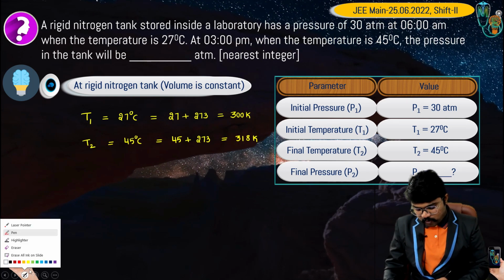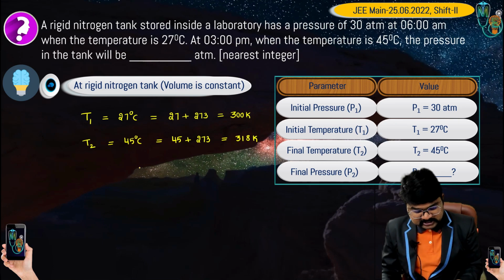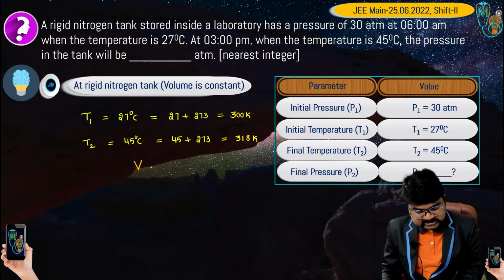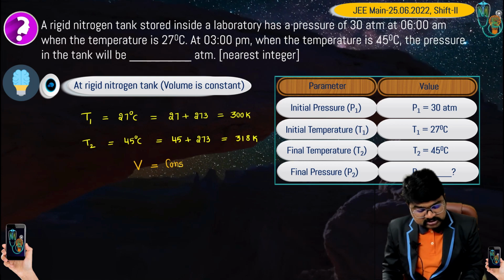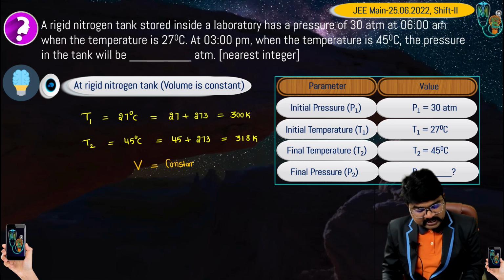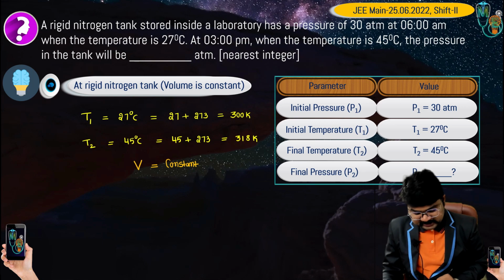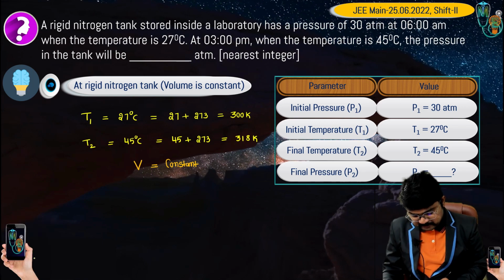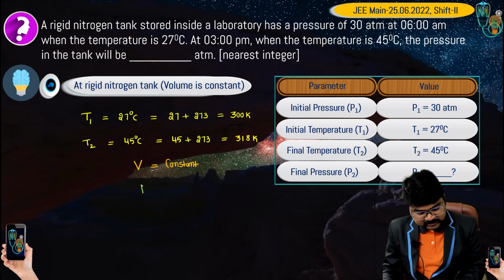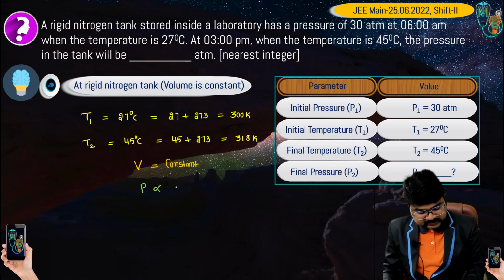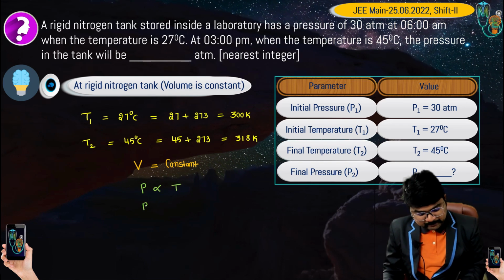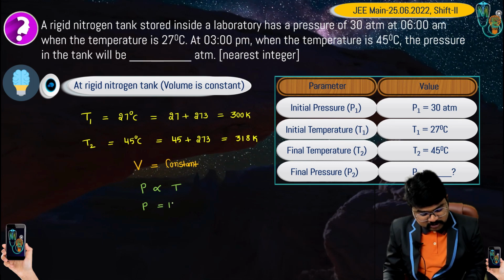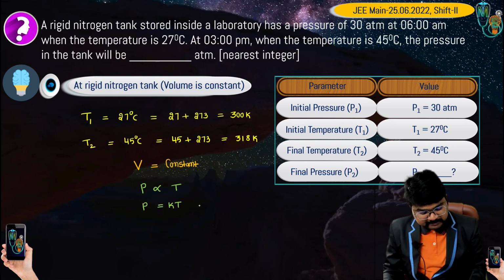So if volume is constant, then pressure is directly proportional to temperature. Then P equals some constant into temperature.